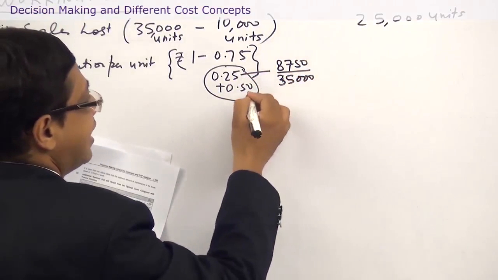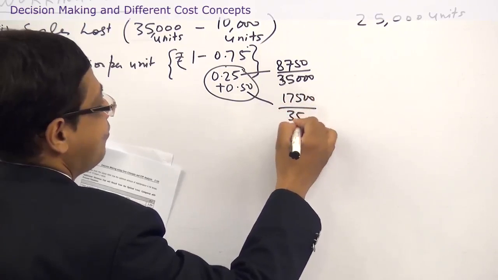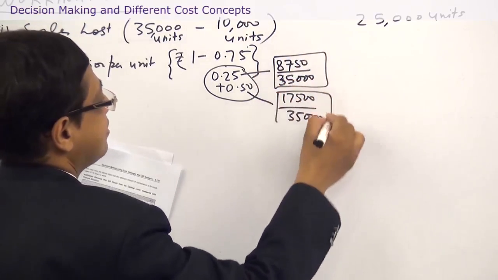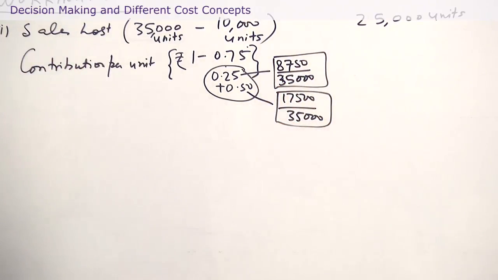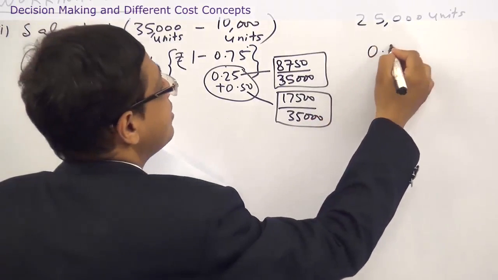So this is how the figures have been arrived at, right friend? So contribution per unit you say is 0.25.